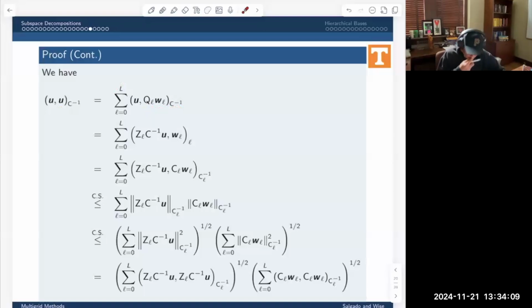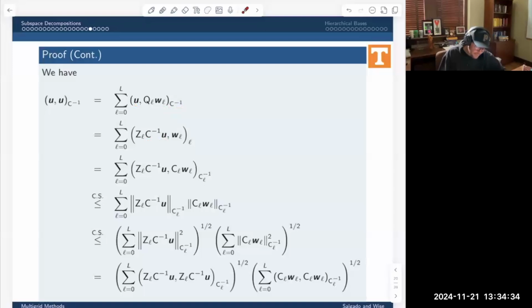Next step, I'm doing multiple steps at once. I'm going to pull this C inverse out, and I'm going to throw it onto this U. For each L, I'm going to pull that out, so that C inverse lands on there. And when I do that, that results in switching to the Euclidean inner product here.